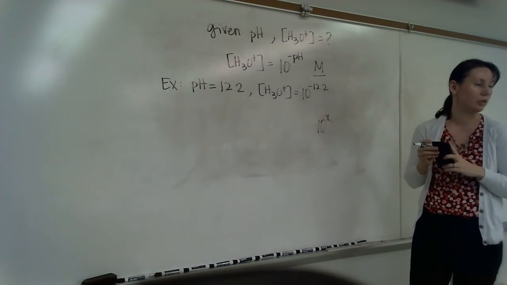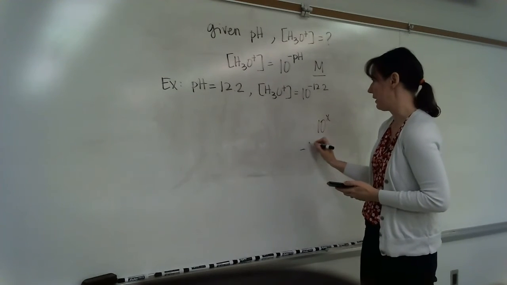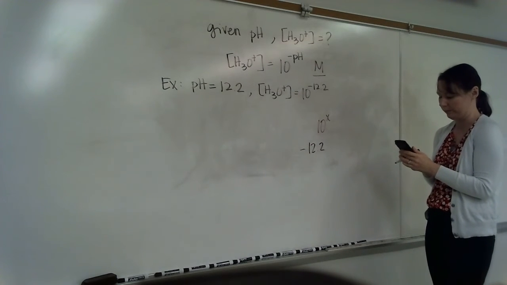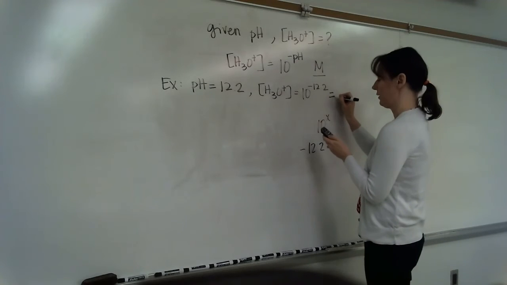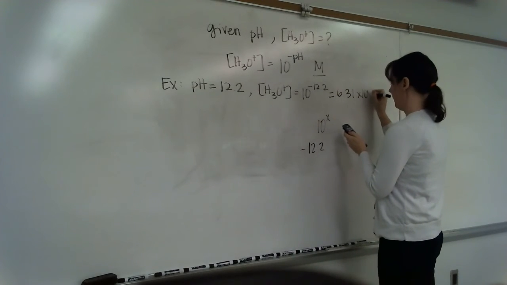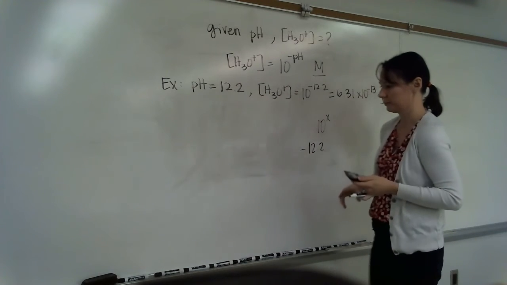That's what mine looks like. Do you guys have a button that looks like that? So if you just say negative 12.2 and then hit 10 to the x, that enters it in for you. And so I got 6.31 times 10 to the negative 13th, and my units would be moles per liter.